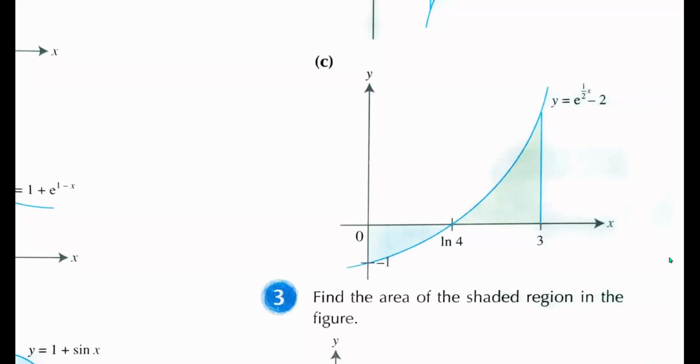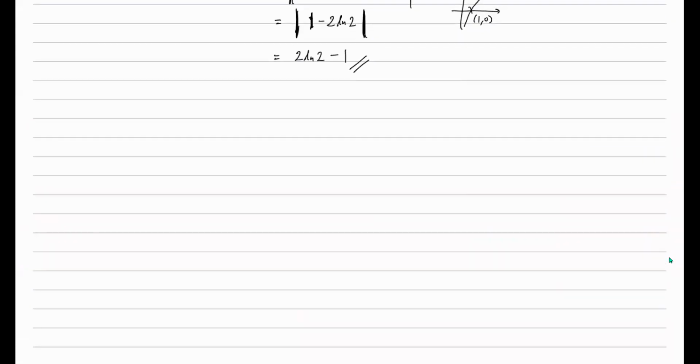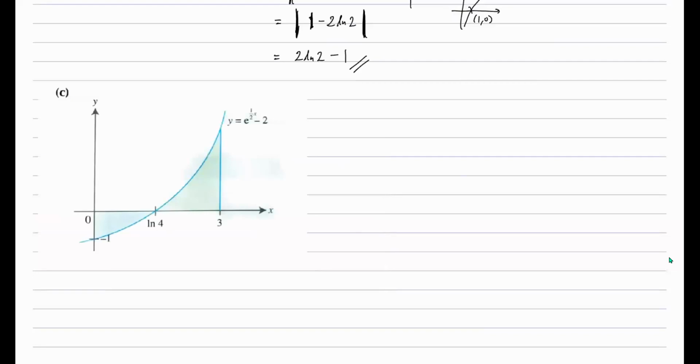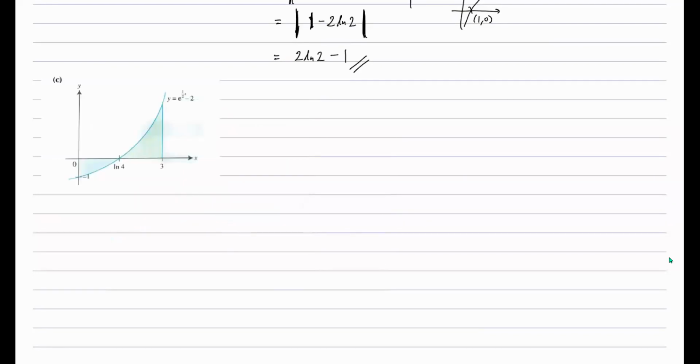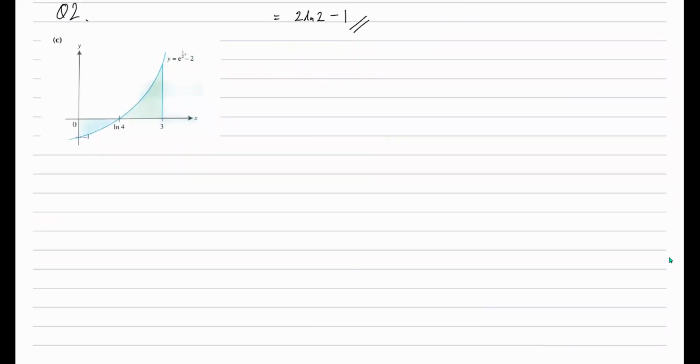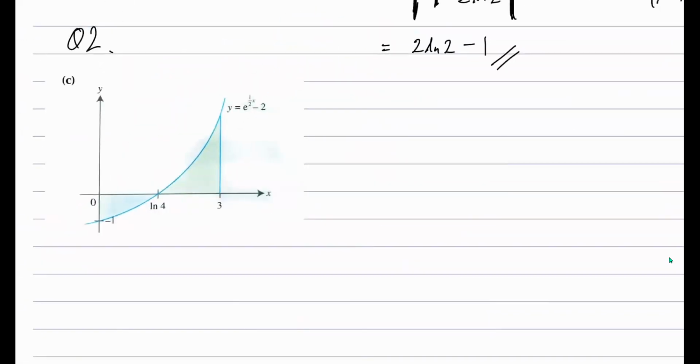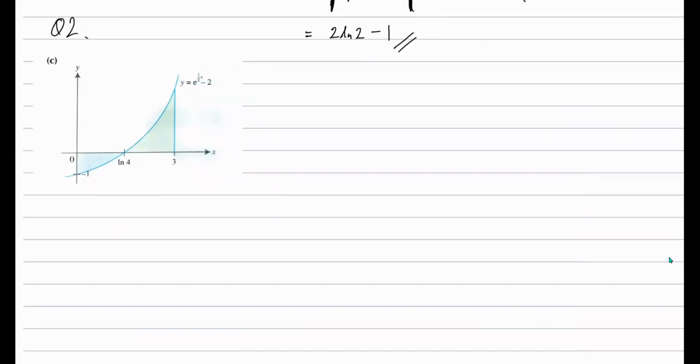0, ln 4, and 3. Let me paste it over here. Okay, let's take a look at this question. It's still question 2. Wow, so complicated. The technique I need to teach you here is to label the pieces with A and B. So the area here will now equal A, I'll leave a gap, plus B. Why did I leave a gap?